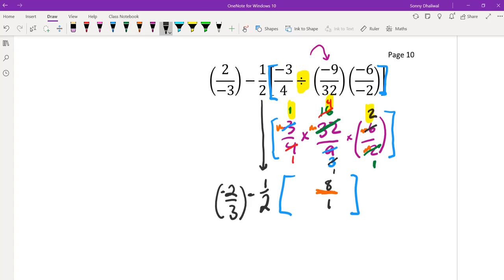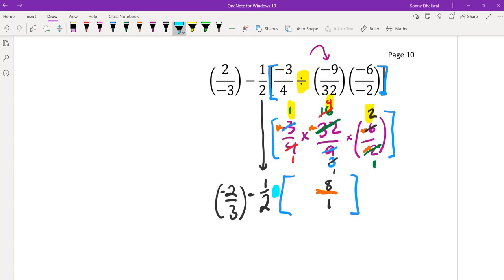What do we do next? The multiplication. If there's no sign, it means multiply. So is there any reducing that we can do?